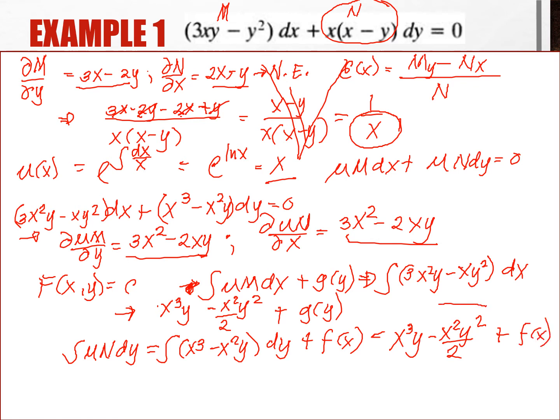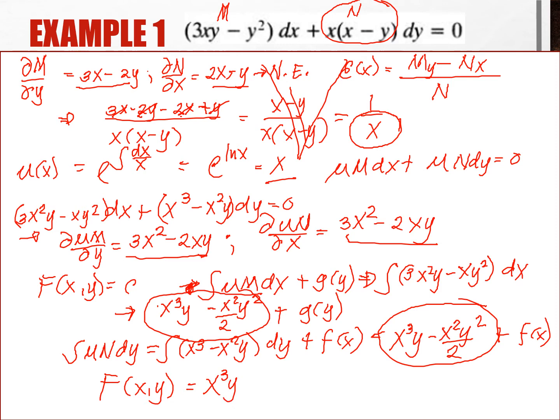We take note they are all the same. So therefore your function of x, y is equal to x cubed y minus x squared y squared over 2, which is equal to c. Okay.